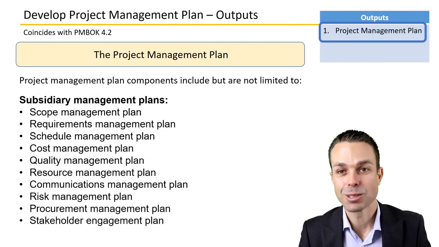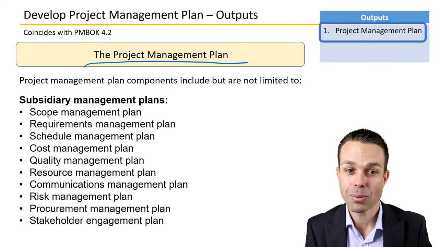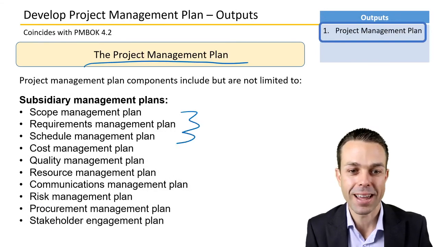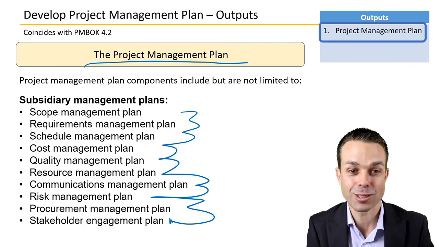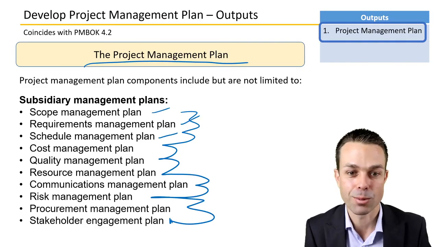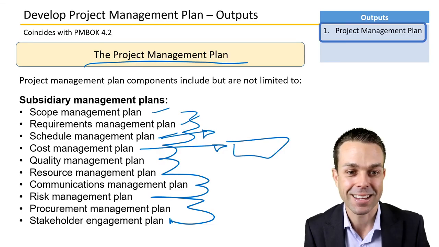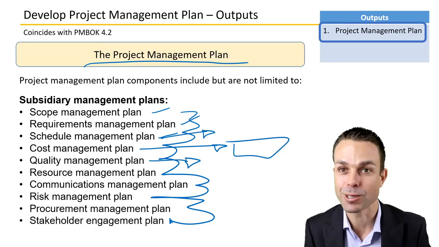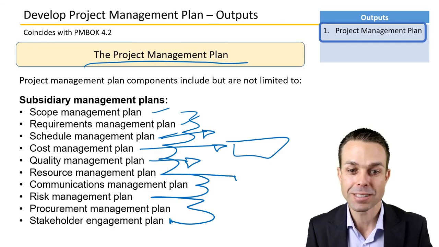Now, the output to this process is the project management plan itself. And within that plan, you'll see all of the other plans that we will be creating as part of our project management plan, basically. So you've got scope management plan, requirements management plan, the schedule management plan. What is the time frame for our project? What's the cost involved in our project and how are we managing that? The quality and testing approach, how do we know that it's fit for purpose? The resources, who is coming on to help?